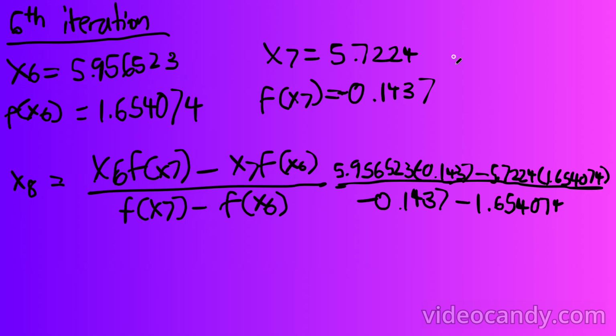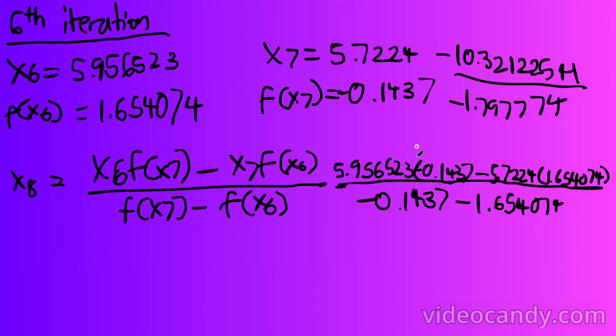So the answer is negative 10.3212541 over negative 0.1437 minus 1.654074. Yeah, so negative 1.797774. So how much is it?